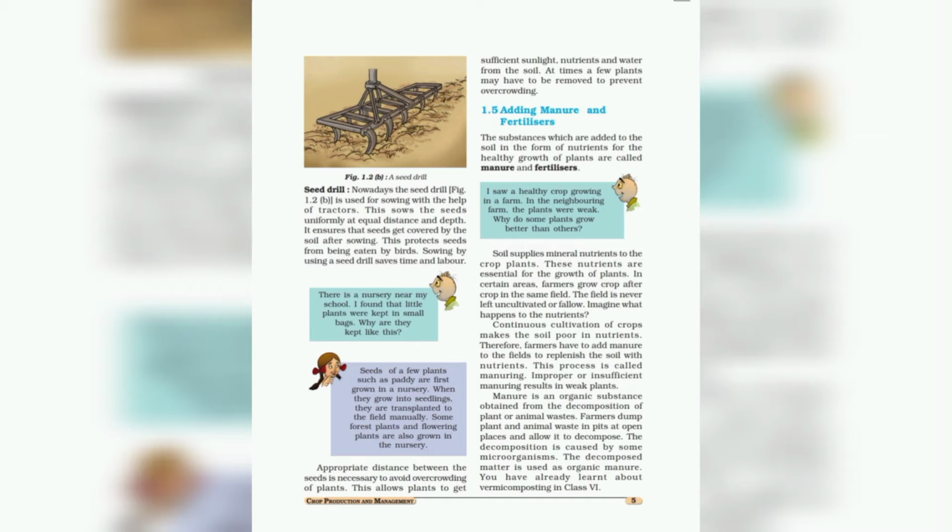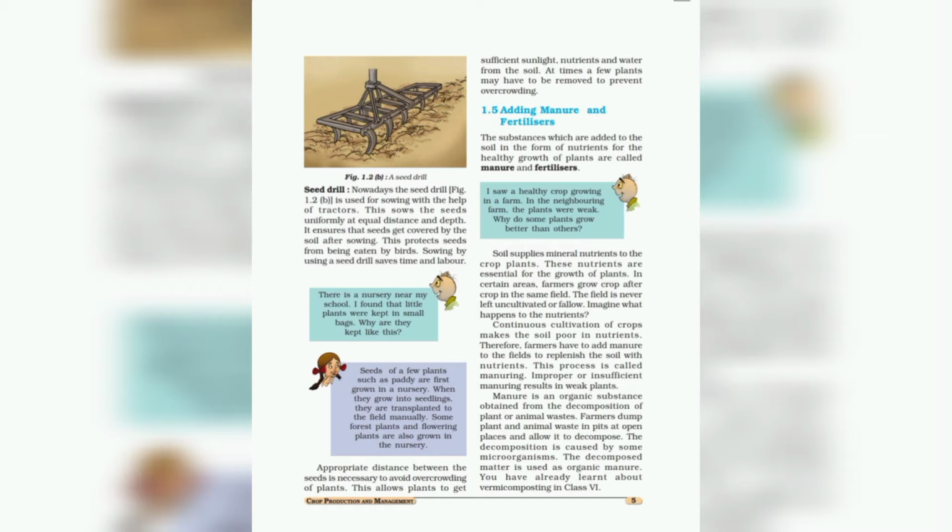Manure is an organic substance obtained from the decomposition of plant or animal waste. So what is manure? Manure is an organic compound that is rich in nutrients and obtained by the decomposition of plant and animal waste. Farmers dump plant and animal waste in pits at open places and allow it to decompose.